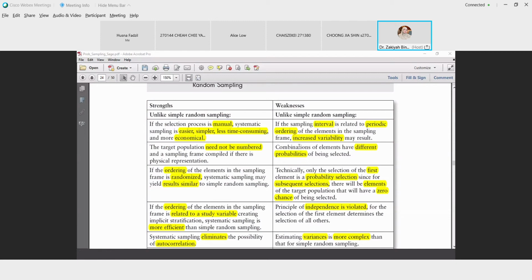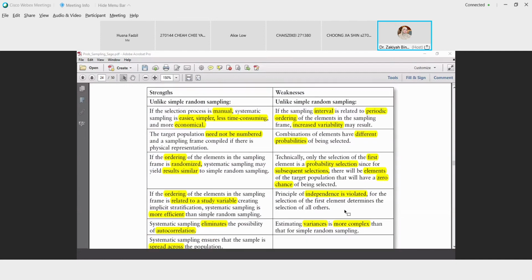How about weaknesses? We've covered the first one. Remember, some combinations of elements will have different probabilities. In fact, if you look at the third box here, the first element really is based on probability, and for the subsequent elements, some may have zero chance of being selected.